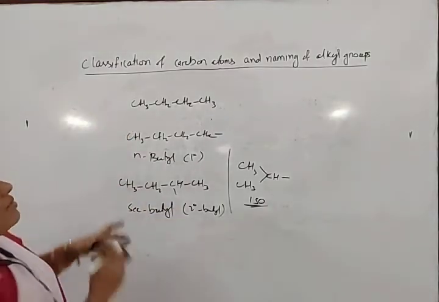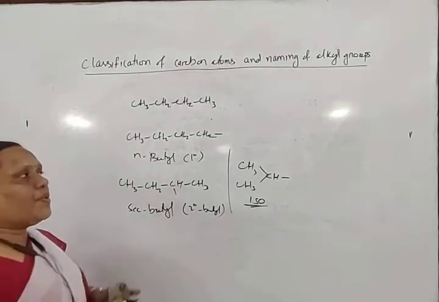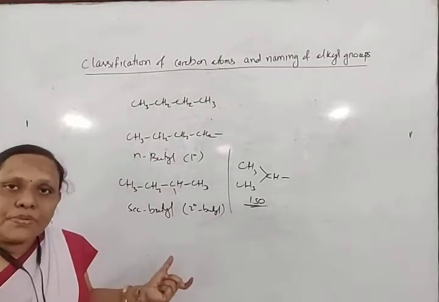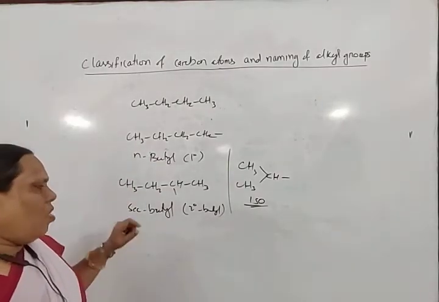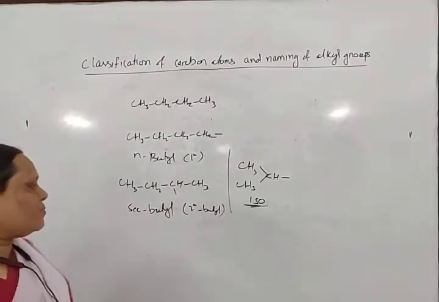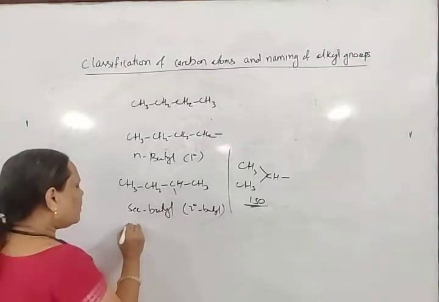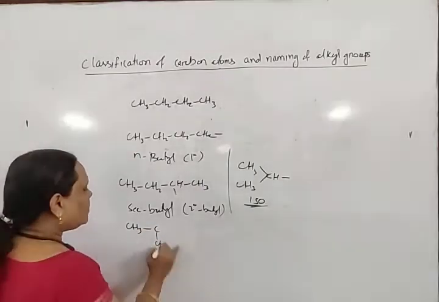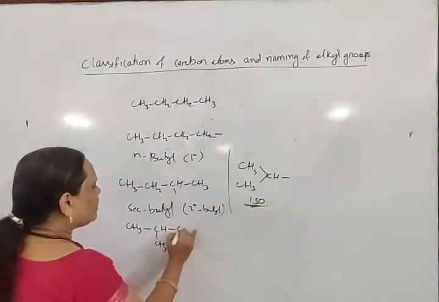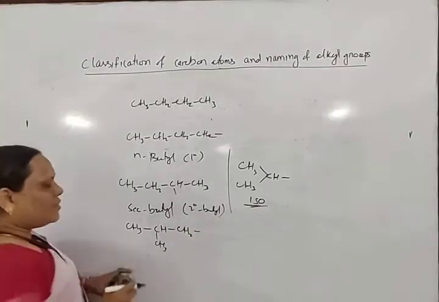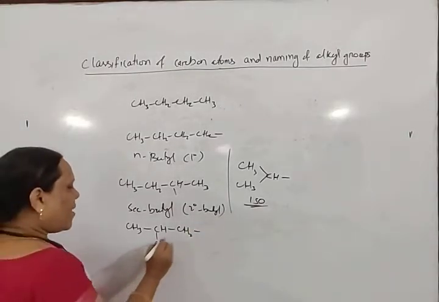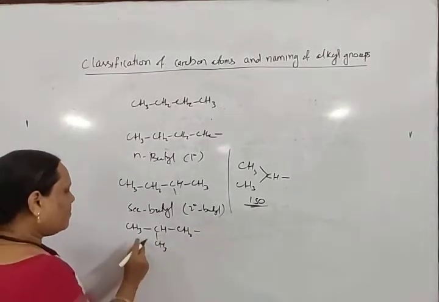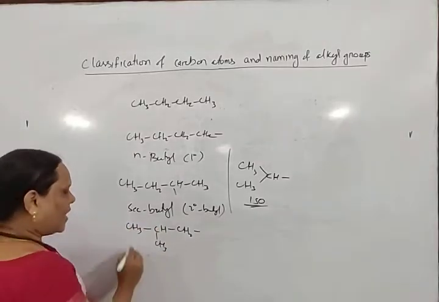In the case of the propyl group, what is the secondary propyl? That is also known as the isopropyl group. And if CH3, CH3, CH, CH2, this is primary, but this group is present as iso.